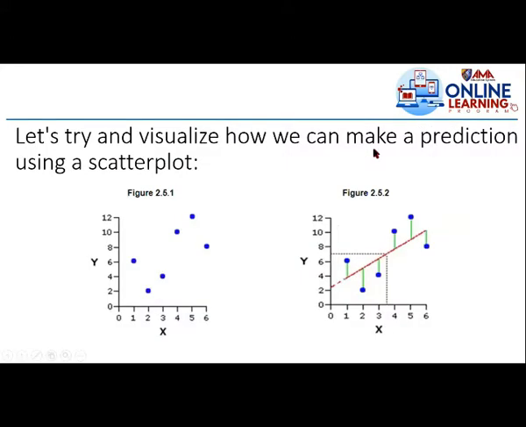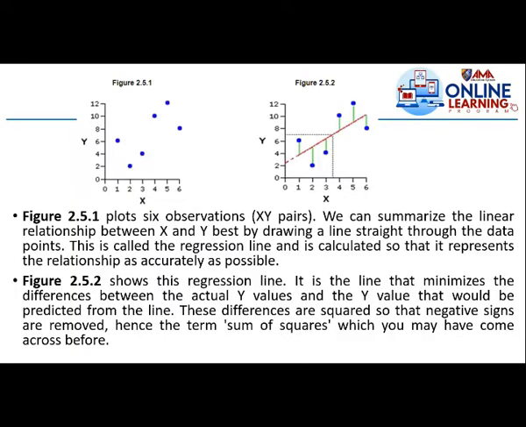So let's try to visualize how we can make the prediction using this scatter plot. So using this graph lang by just looking at it. Now, you have figure 2.5.1 and figure 2.5.2. Now, in 2.5.1, we plot 6 observations or 6 points. Okay?